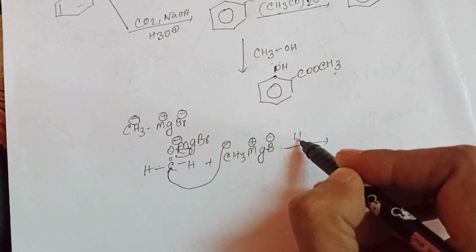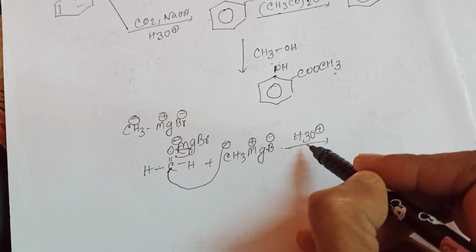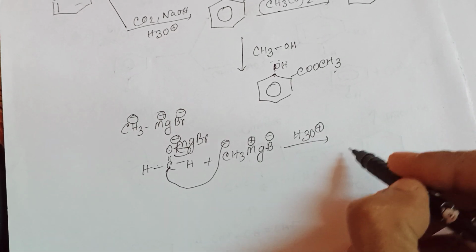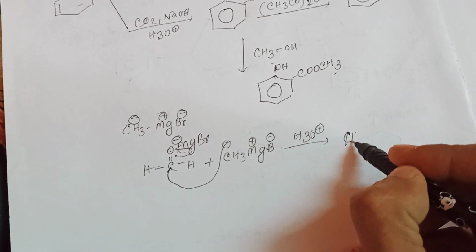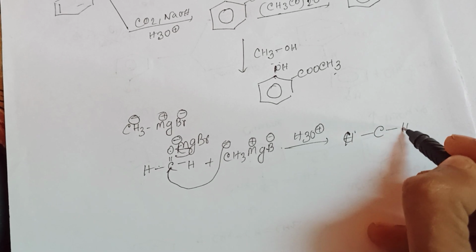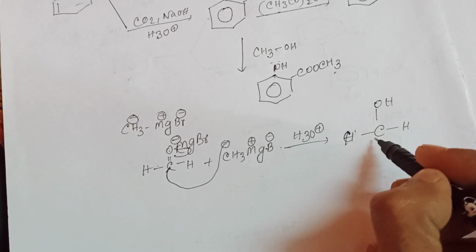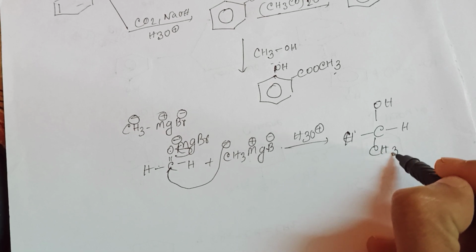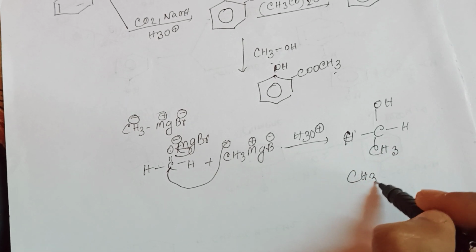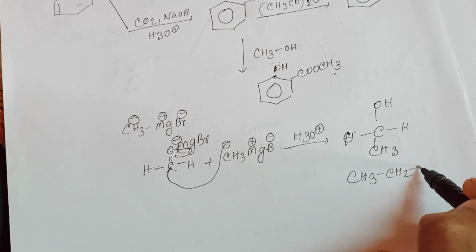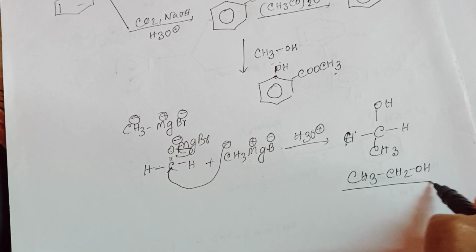Finally, by hydrolysis using H3O+ or HCl, it forms a carbon with two hydrogens, an OH, and a CH3, that is CH3CH2OH, a 1 degree alcohol.